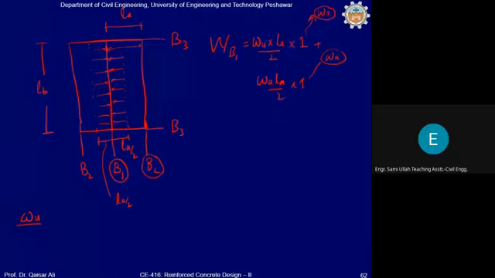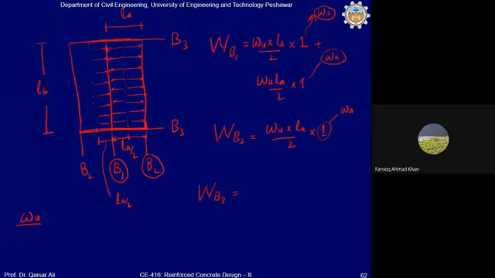It is a one-way slab system, okay? It will be 0. So, if we write it in a general form, this will be equal to WU into LB divided by 2 multiplied by, basically this coefficient will be 0. And this coefficient is represented by WB.